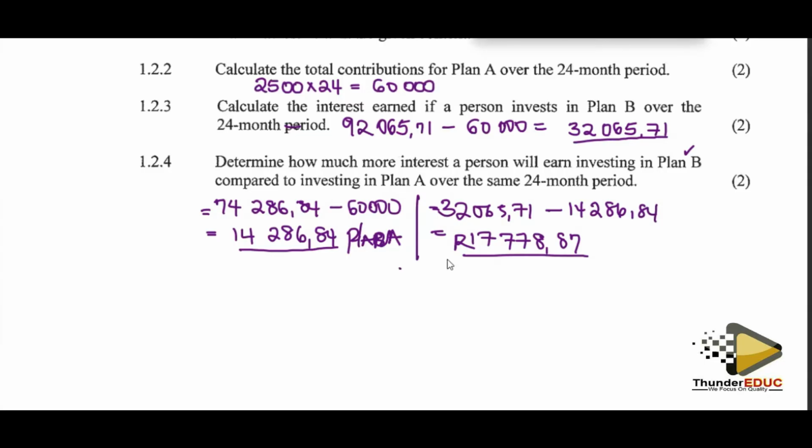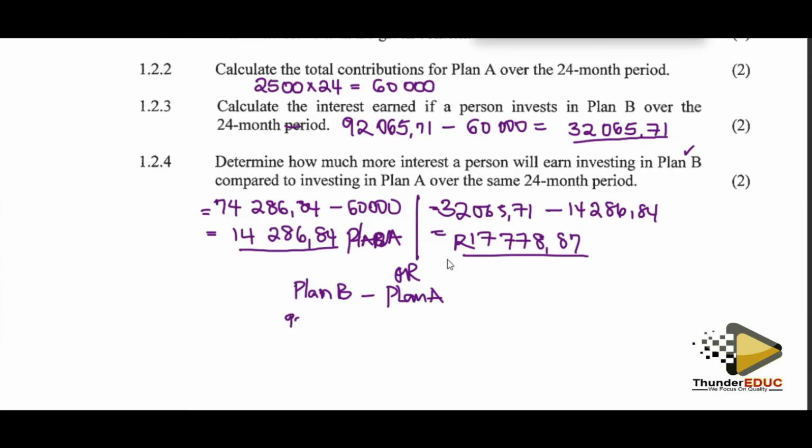Another method is to get the total amounts. Remember, plan A. You take plan B's total amount after the 24 months minus plan A's total amount.